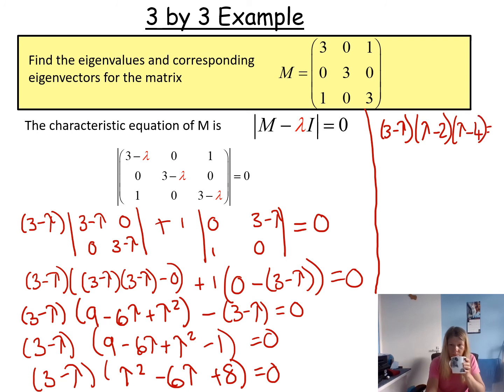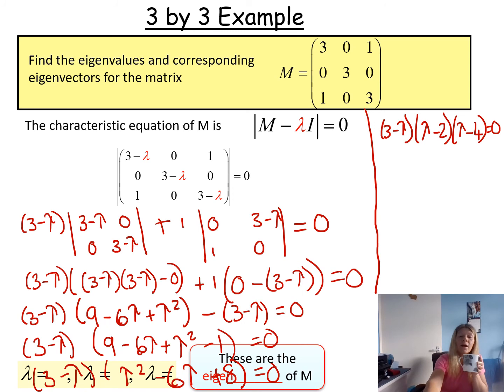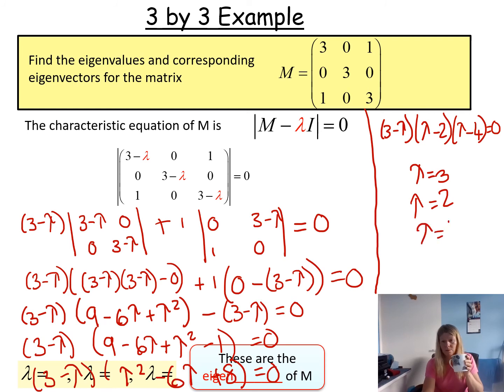That'll do it. So here are our eigenvalues. Our eigenvalues are under there, so I can't get rid of them. I should have written it in there. But the eigenvalues are lambda equals 3, 2 and 4. Those are our eigenvalues.